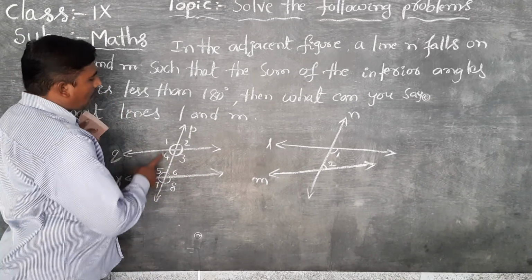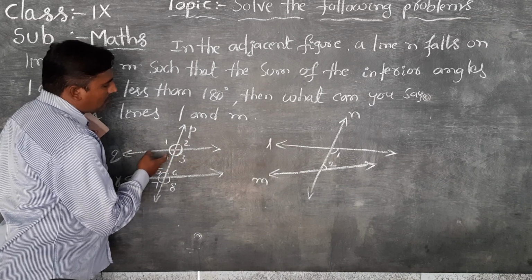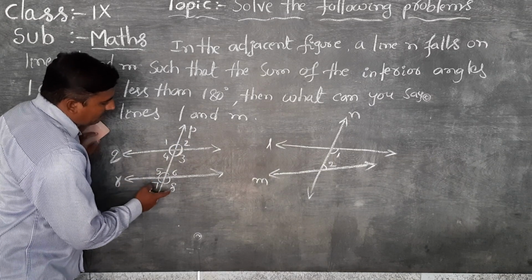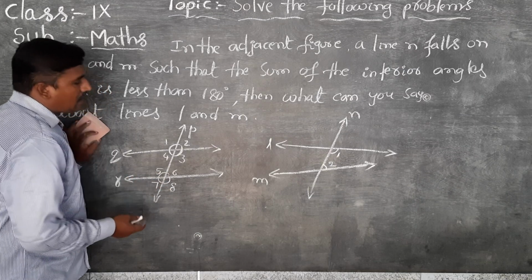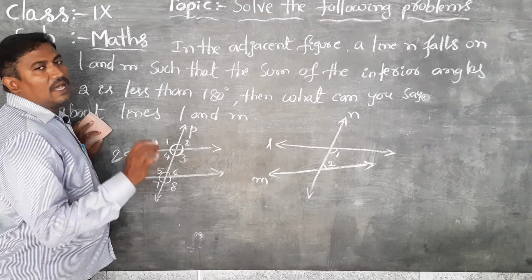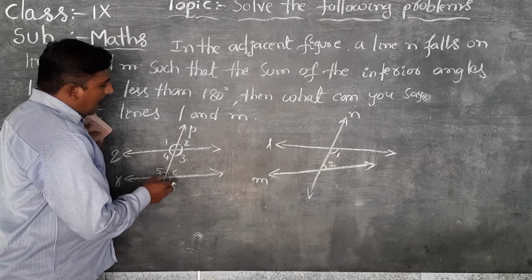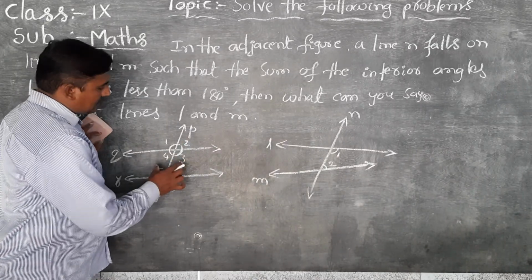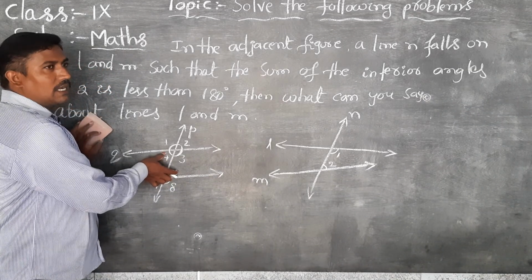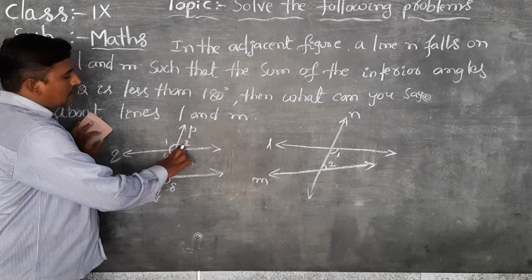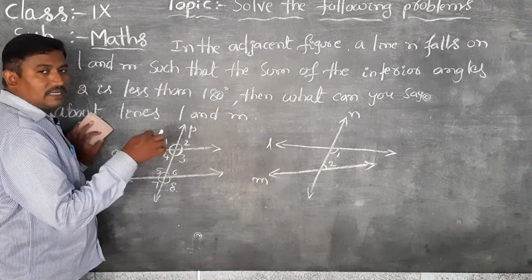Already we know 1, 3 are vertically opposite angles, 2, 4 vertically opposite angles, 5, 8 vertically opposite angles, 6, 7 vertically opposite angles. Vertically opposite angles are equal. And 3, 5 alternate interior angles, 4, 6 alternate interior angles, 2, 7 alternate exterior angles, 1, 8 alternate exterior angles.